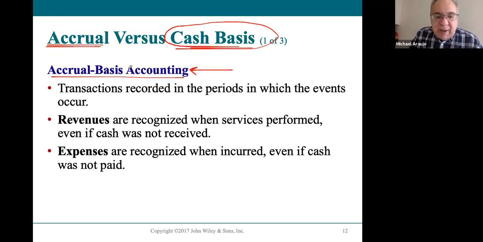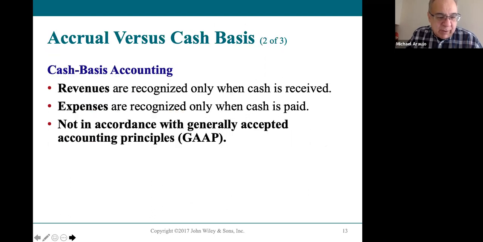So again, in the accrual basis, you have to recognize the revenue in the period that it was done, that month or that year. On the accrual basis, you have to recognize the expense in that month, in that year, even if you didn't pay it yet. Even if you haven't paid the expense yet, you still have to recognize it when it happened. That's not true with the cash basis, and you'll see how that's done in a moment.